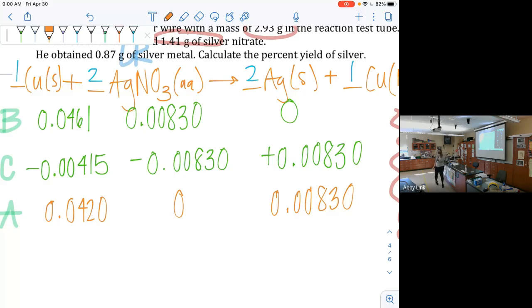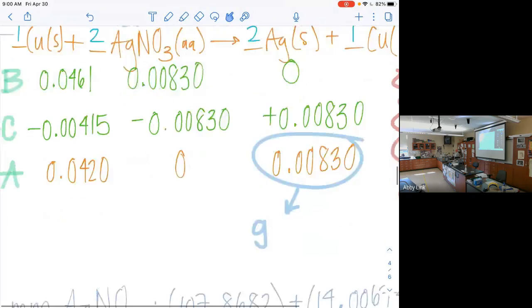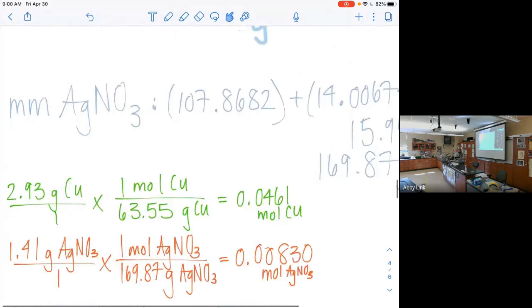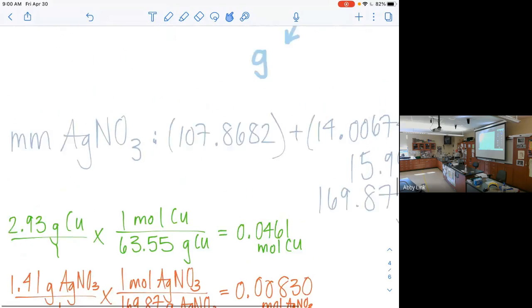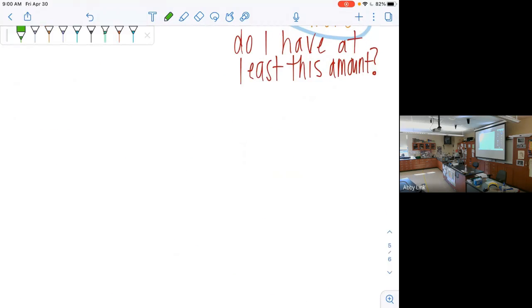What's the percent yield? Can I use moles in a percent yield calculation? No, I have to go to grams. So I'm going to take our 0.0083 and convert it into grams. We didn't even calculate the molar mass because it's silver. All right, let's go ahead and set that up.